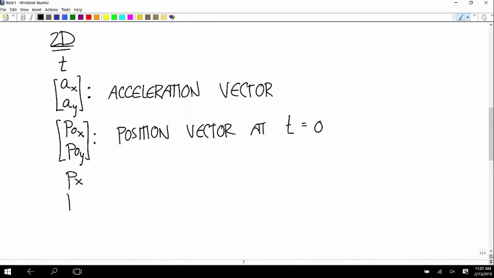Then Px and Py are the position vector at time t. Is that the initial position vector for the original one? Yeah, P0x and P0y. Yep. And the meaning of initial position is at time equals 0. Yep. Position vector at time t.